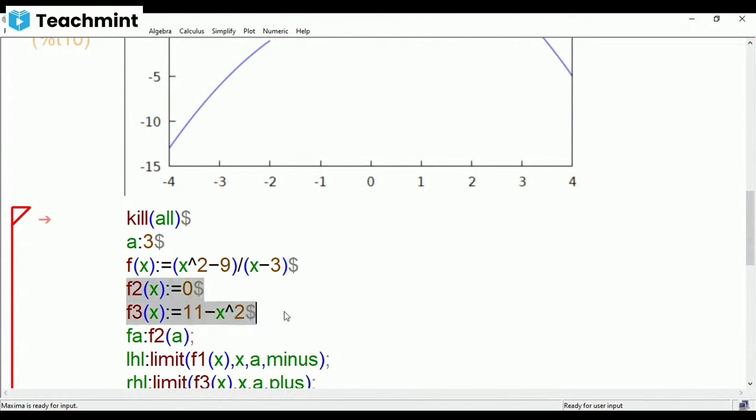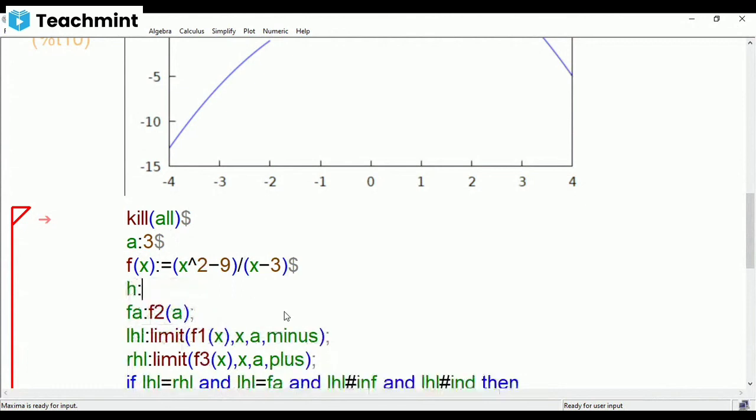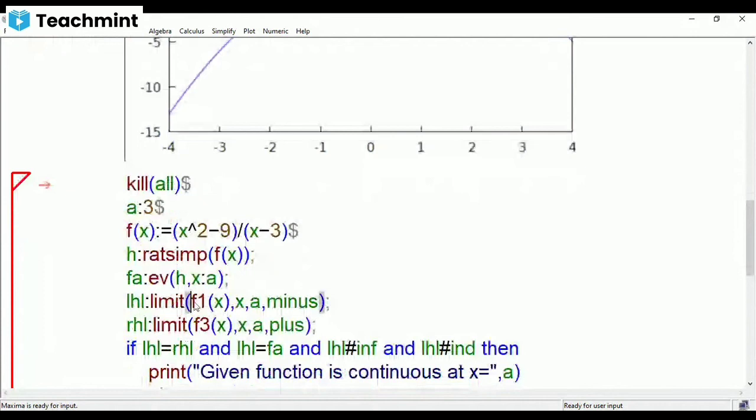And you have to rationally simplify this. h is ratsimp of f of x. Then what is your FA? You cannot write f of a, it will become indeterminate. So you have to evaluate h for x at a.